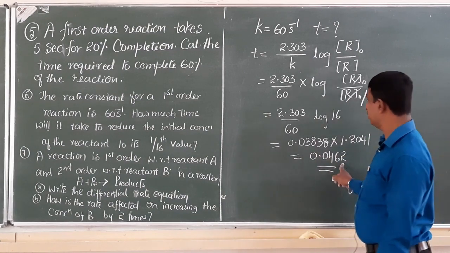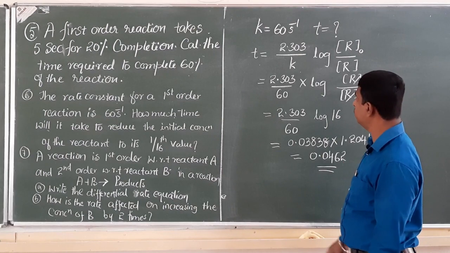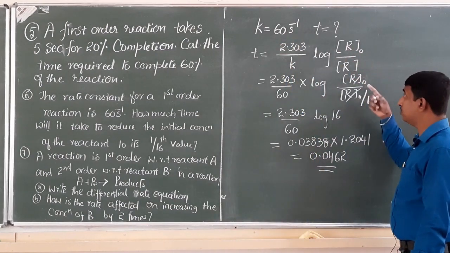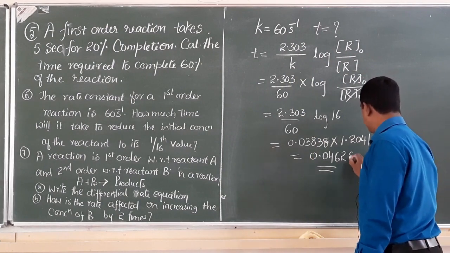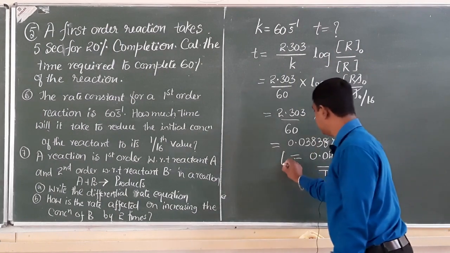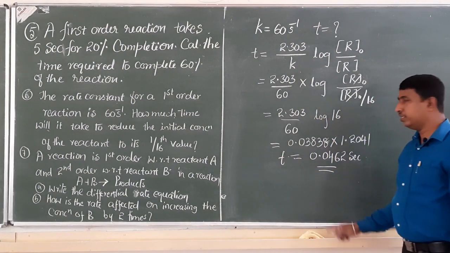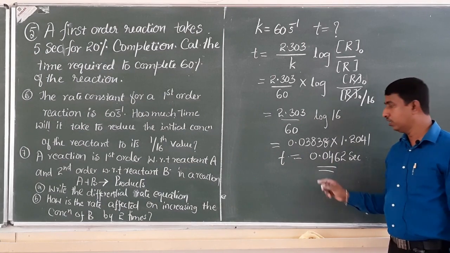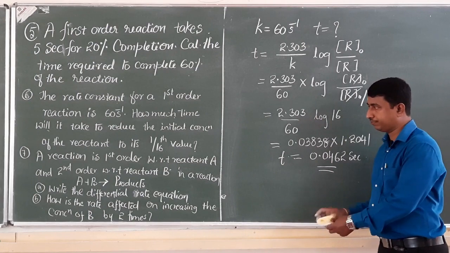What is the unit? K is given in terms of per second, so the unit is seconds. So T is equal to 0.0462 seconds.